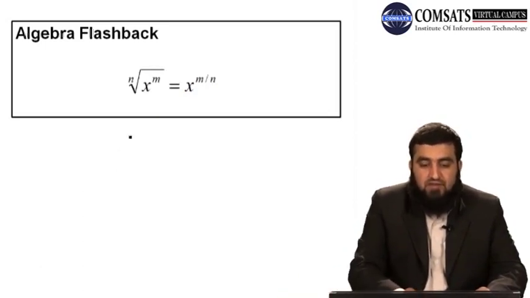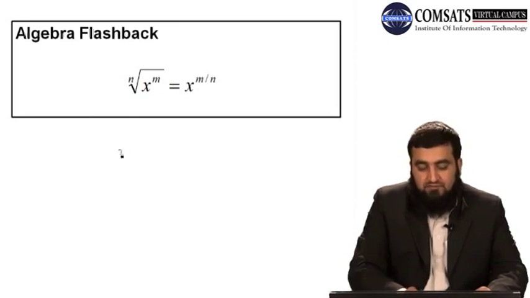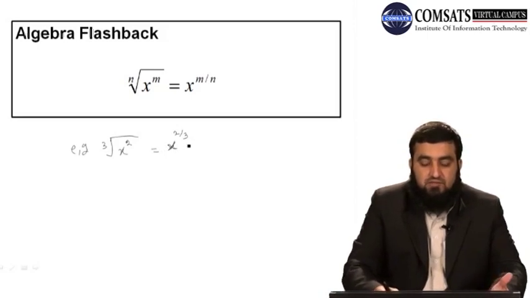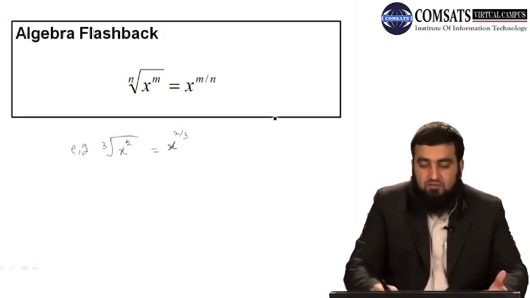Also, if you have the nth root of x to the power m, then this would be equal to x to the power m divided by n. For example, if you take the third root of x square, this will be equal to x to the power 2 by 3. So this is a little bit of algebra flashback which is needed for the coming rules.